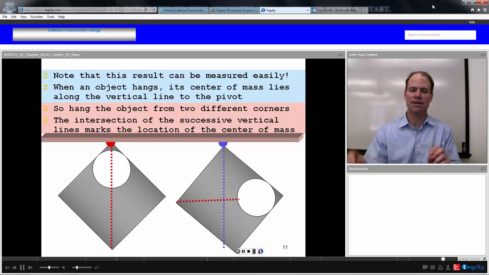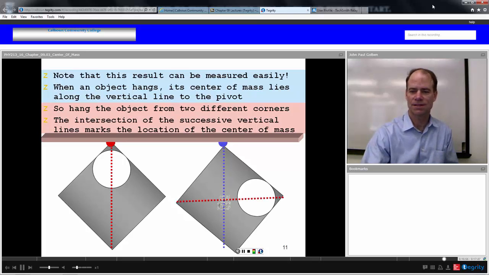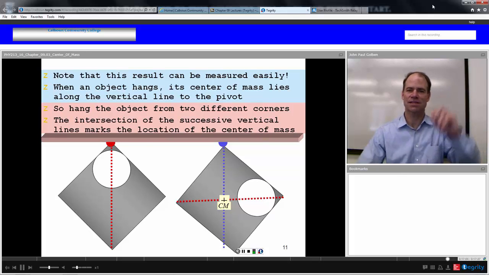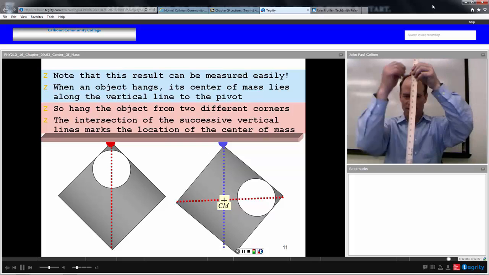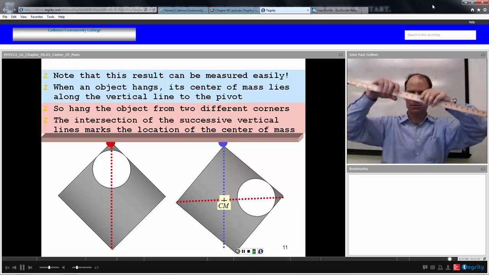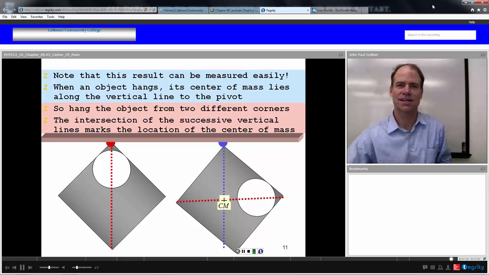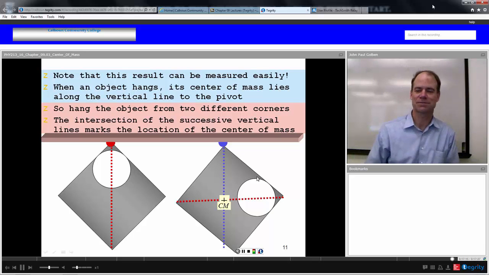If I combine that with the red line, where the two intersect is my center of mass. That would be a mechanical way to quickly find the center of mass of an object. Just suspend it, draw a vertical line, suspend it again, draw a vertical line, and where the two intersect is my center of mass.